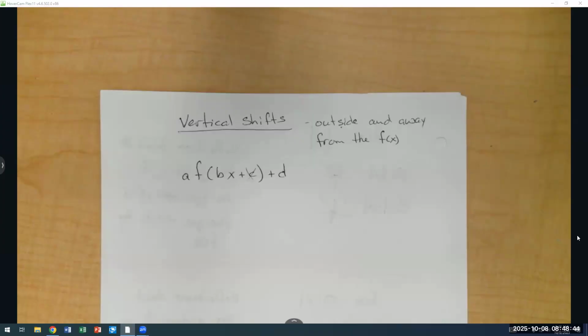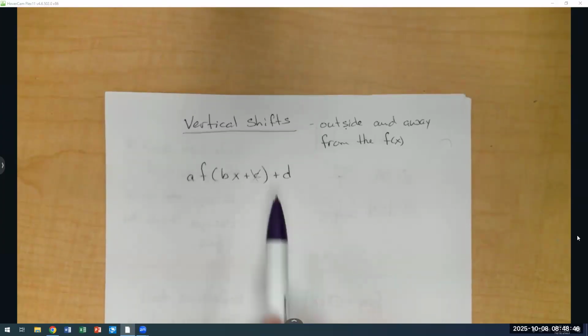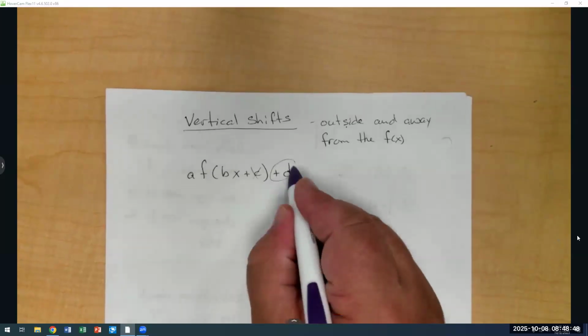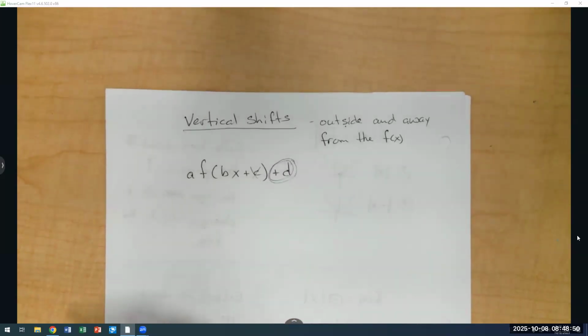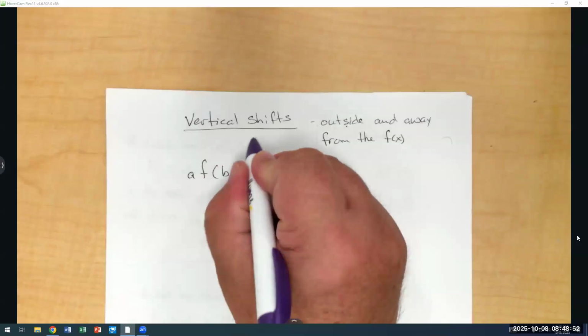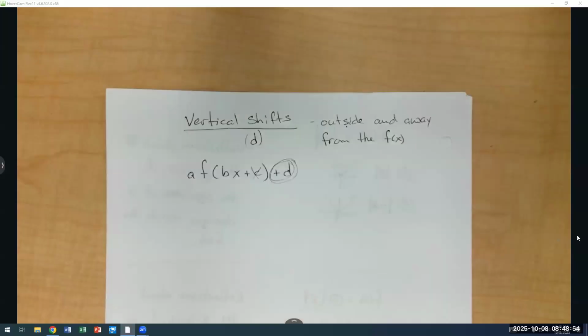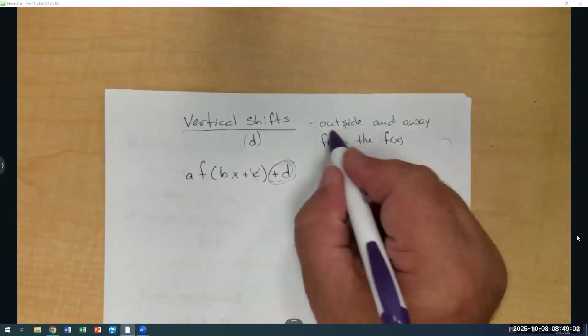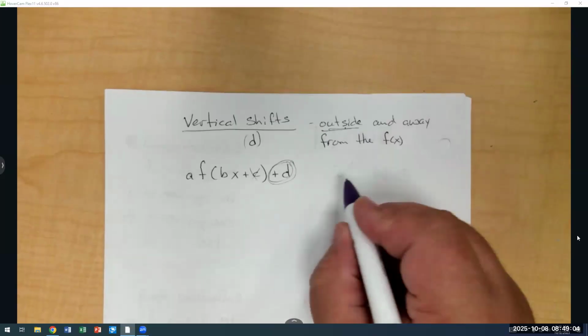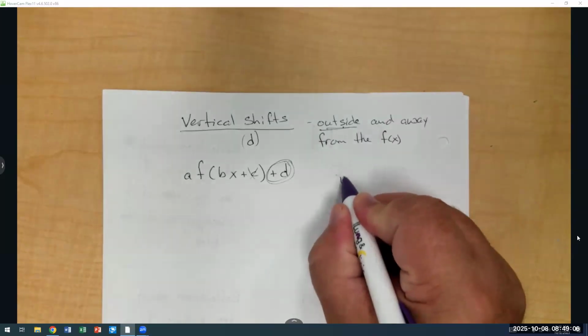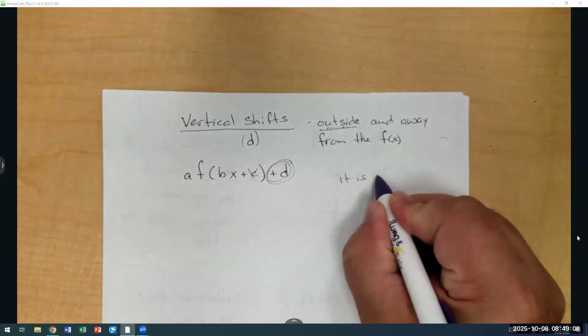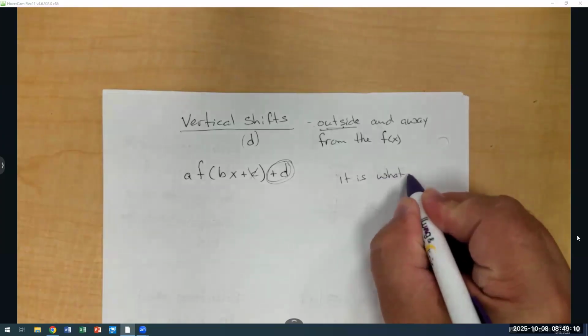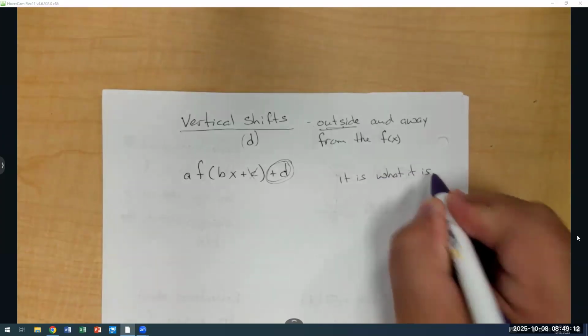Plus B. D. Anything plus and minus to the equation is a vertical shift. So that's our D value. Since it happens outside the function, it is what it is.